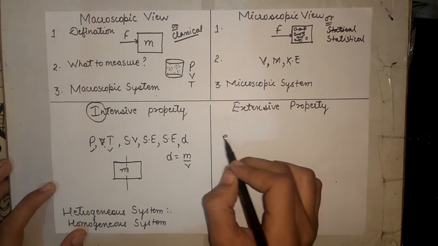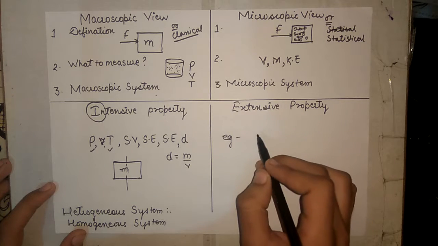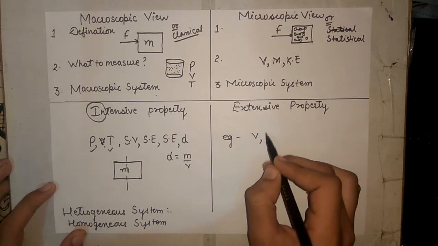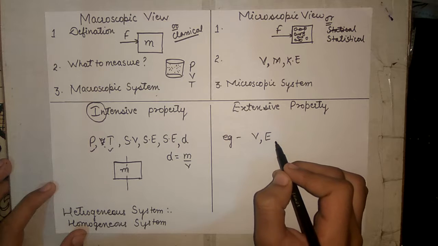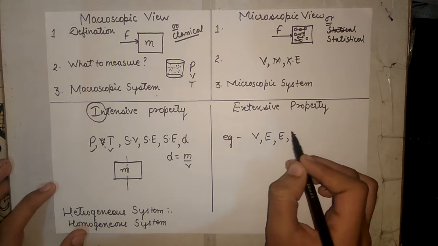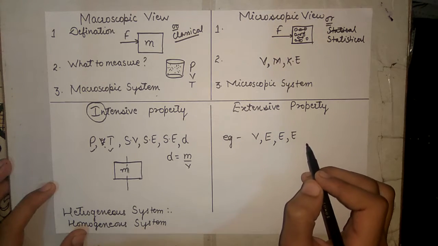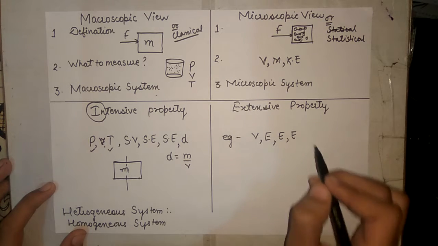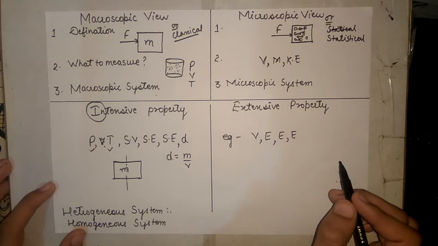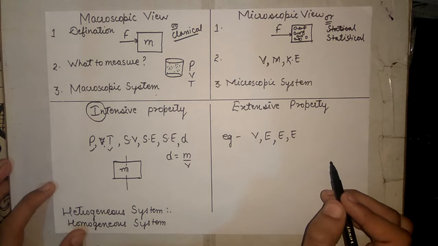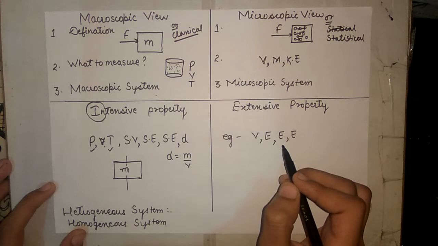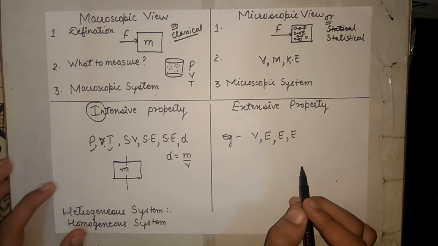Examples will be volume, energy, enthalpy, entropy. Okay, so now these are our extensive properties.